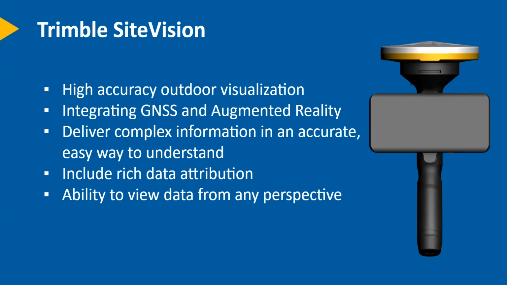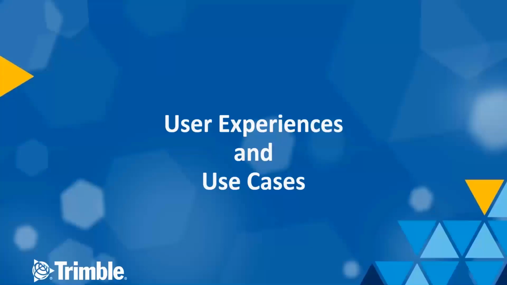Another thing that Sight Vision and augmented reality does for the user is that it allows the user to move around in physical space and view data from any perspective, from inside, from on top, from underneath. All different perspectives are then available to the user. So when I reference Trimble Sight Vision or augmented reality, this is the product that I'd be talking about.